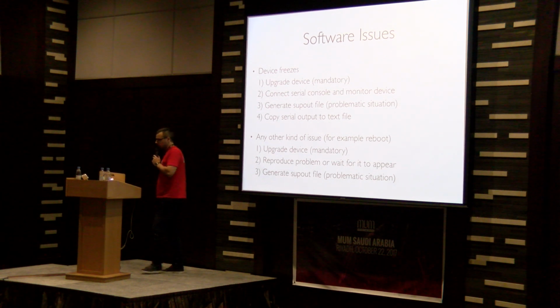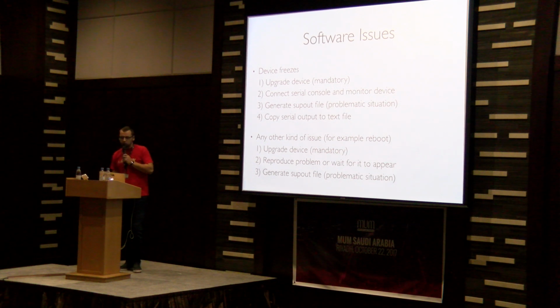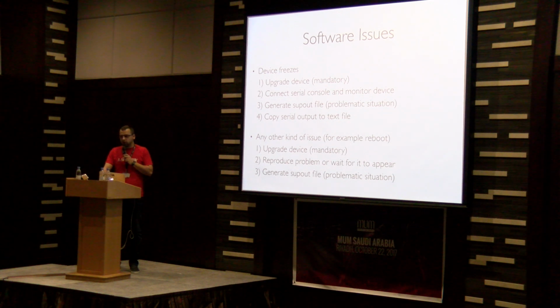If there was a software crash, we will see it. We will tell you what the problem was, what to do next in order to fix it, or what we need from you in order to see where the problem is. But upgrade is always mandatory because maybe the problem is already fixed, and even if it's not, if we need to make some fix for it, we can make it only based on the latest RouterOS version.